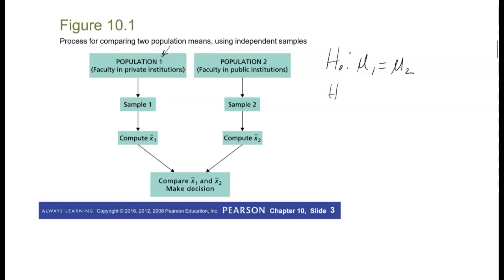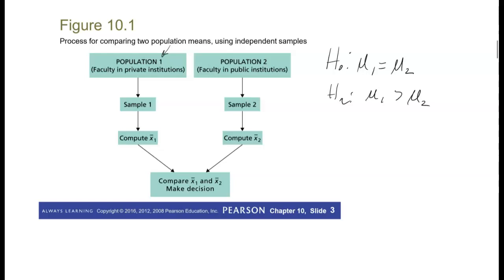Then, we make some sort of alternative hypothesis, which will be given to you, of course, based on some assumptions we make, possibly based on our sample. Perhaps we have this assumption that private institutions pay more than public. If that was the case, we would want to check to see if mu1 was actually greater than mu2. Maybe some people believe they pay less.